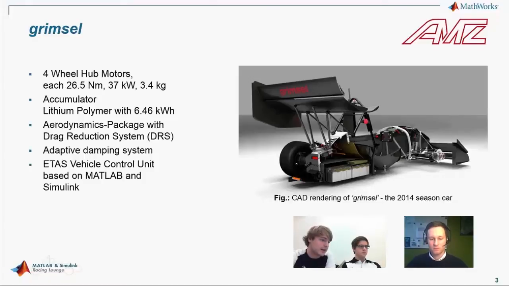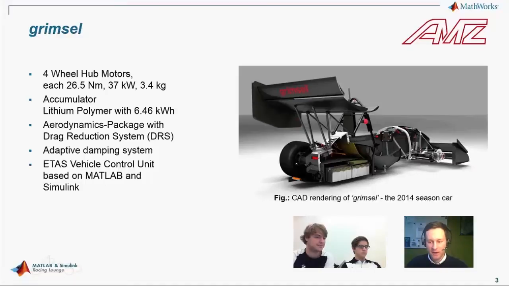We have an aerodynamics package with a drag reduction system, and we also implemented a very new kind of adaptive damping system. We also used MATLAB and Simulink for the controlling algorithms for this one. And as a vehicle control unit, we use hardware by ETAS, which we also program in MATLAB and Simulink.